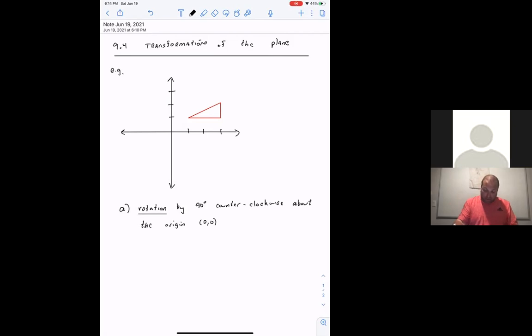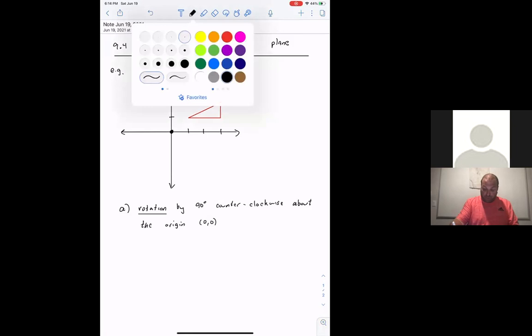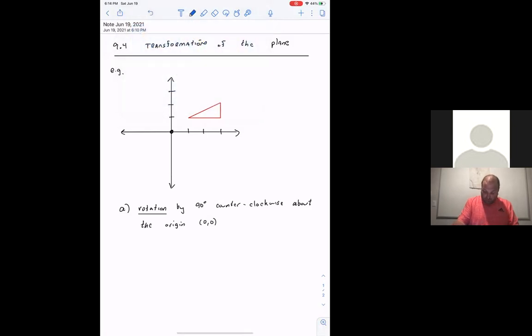We are rotating it about the origin, which means if you imagine drawing a line from the origin to any point on the triangle, for example, to that point, we want to rotate this line by 90 degrees counterclockwise, something like that.